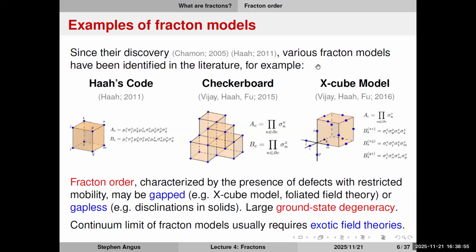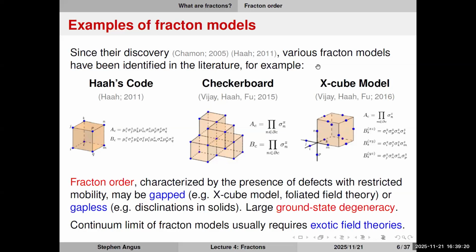Since their discovery, first in 2005 and then again in 2011, various fracton models have been identified in the literature. And these all have essentially something like the Heisenberg spin model that I wrote down a couple of lectures ago.